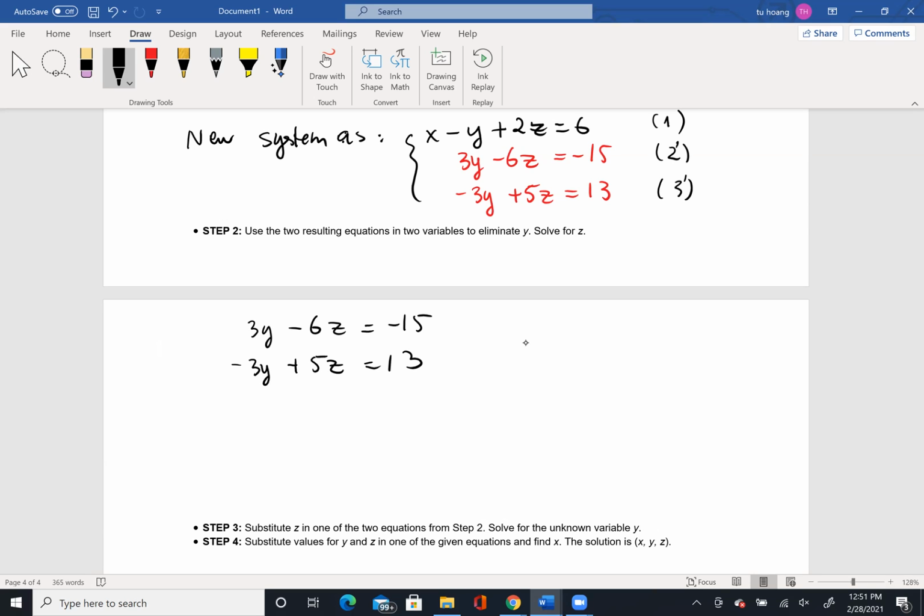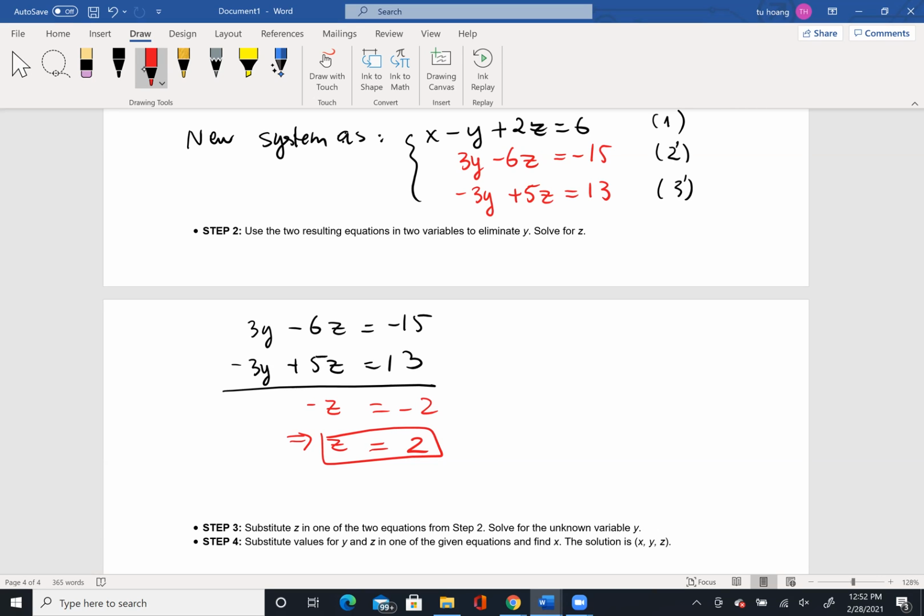I don't have to multiply with anything to eliminate y in here, because they have 3y and negative 3y. So adding makes it become 0y. And I have negative 6z plus 5z gonna be negative z equal to negative 2. So you will actually have z equal to 2, the solution for z.